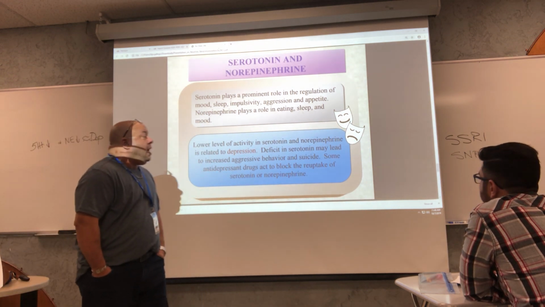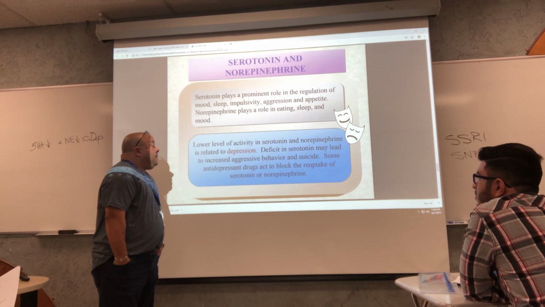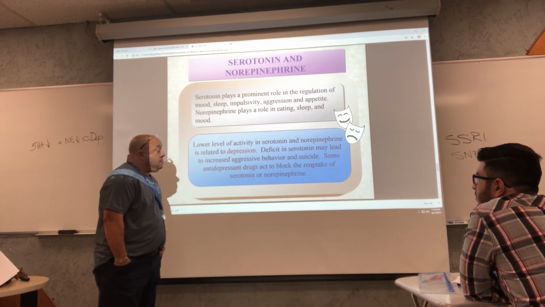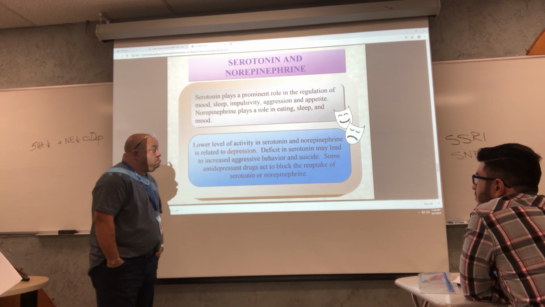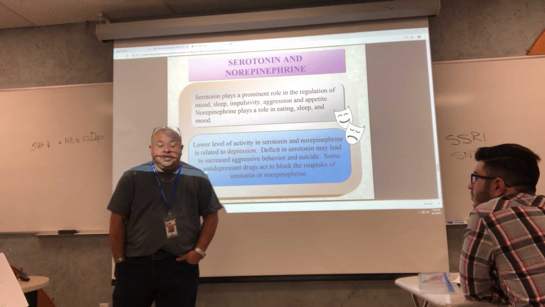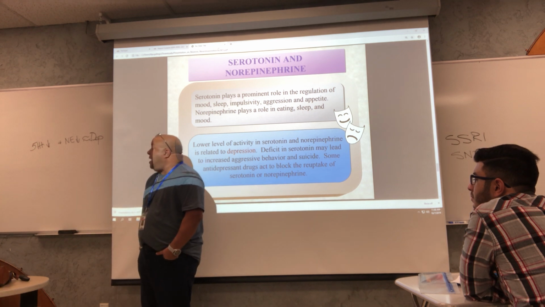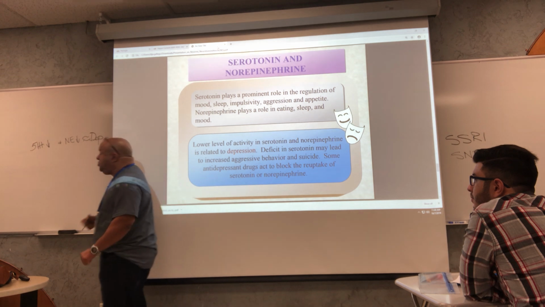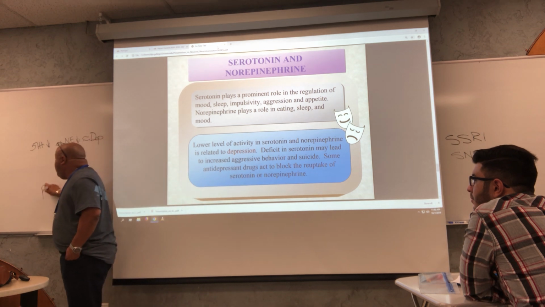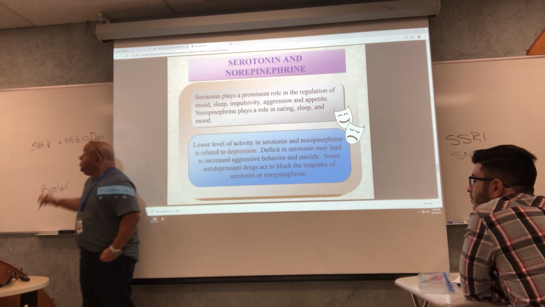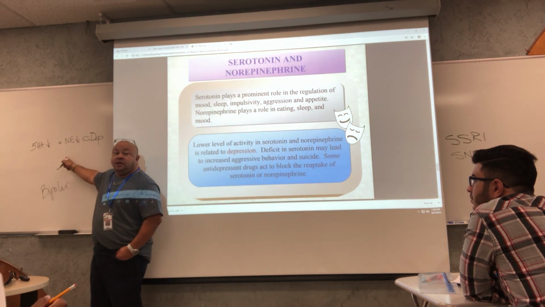Okay, so let me see what else I want to say. So some people have depression, and other people have something called bipolar disorder. When you have bipolar, sometimes you have depression. And when you do, it looks like this, typically.